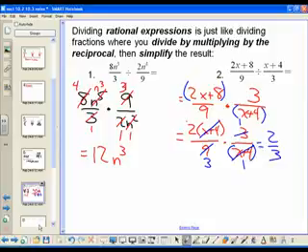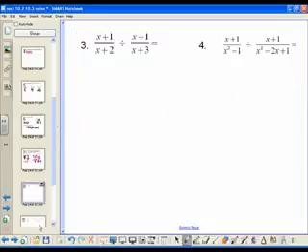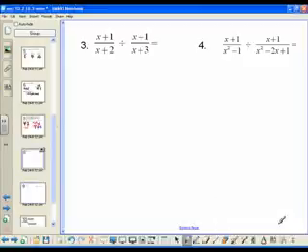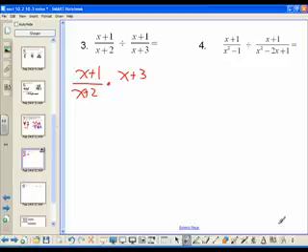Alright, so you guys, using it as a guide, do these 2 problems, please. Do number 3 and number 4, please. We have, I really need you to be quiet, please, times x plus 3 over x plus 1.